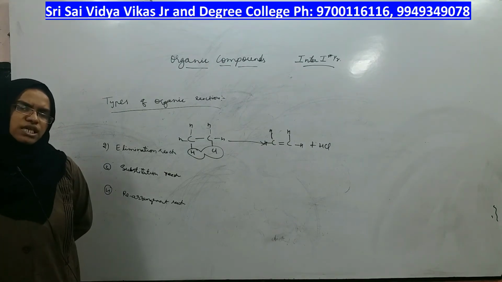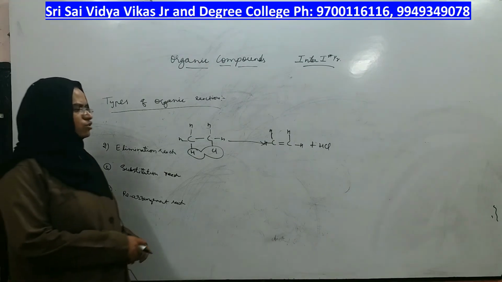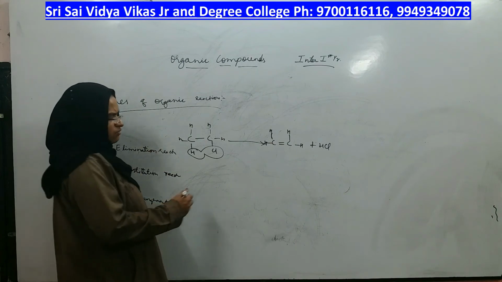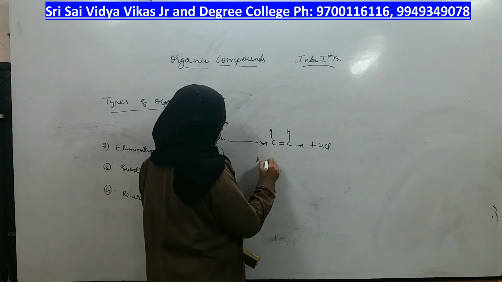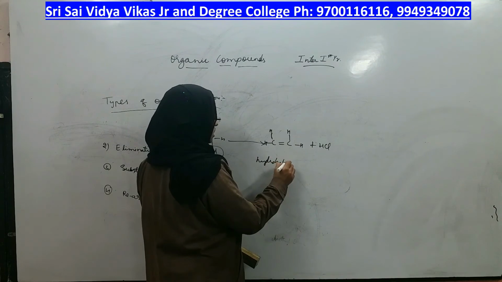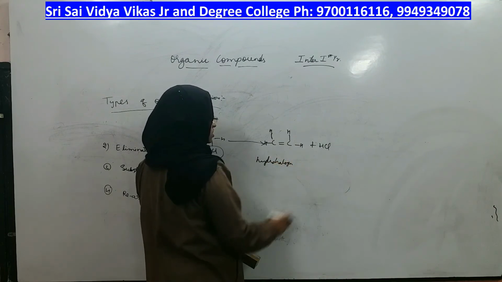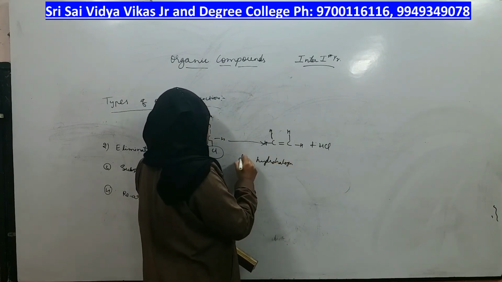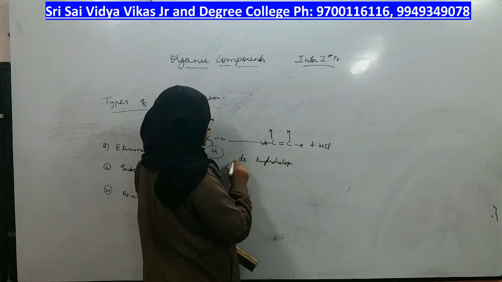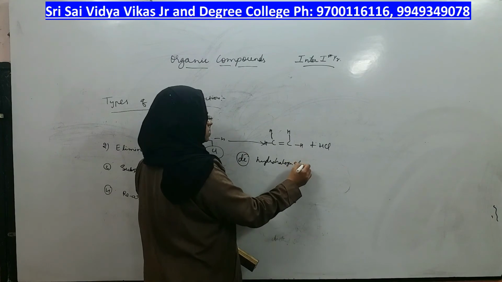The reaction is called elimination reaction. If I remove HCl, what is HCl? Hydrohalogen, I told. Addition means halogenation. Removal means dehydrohalogenation.